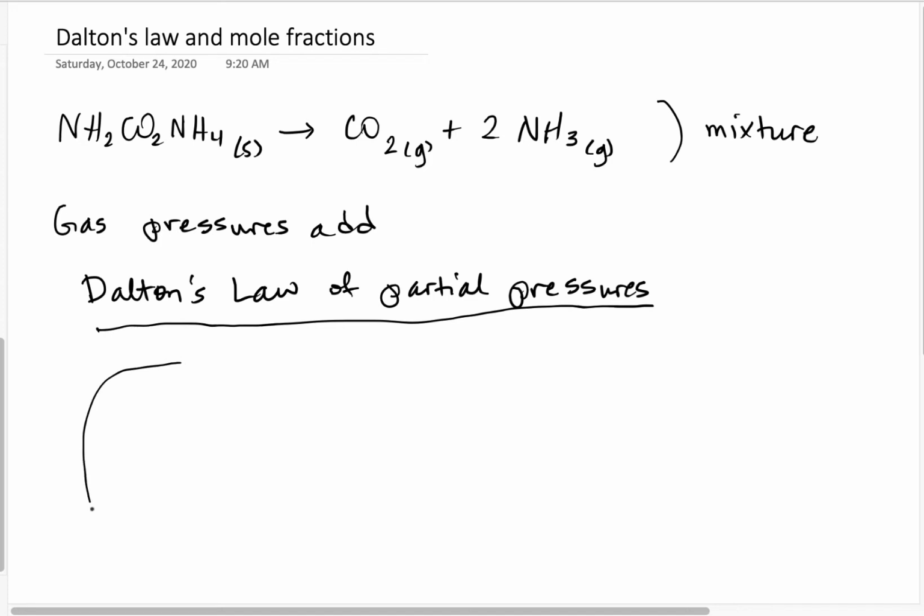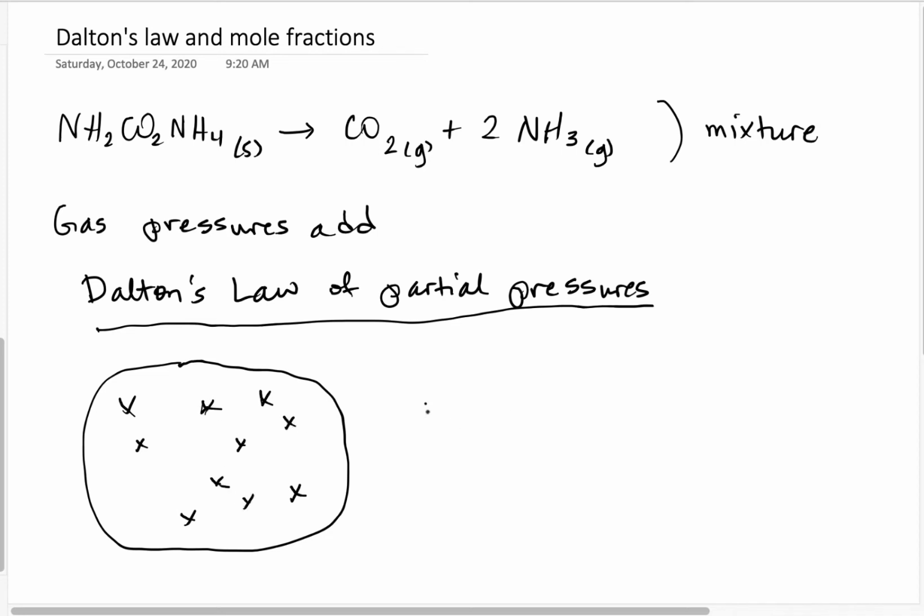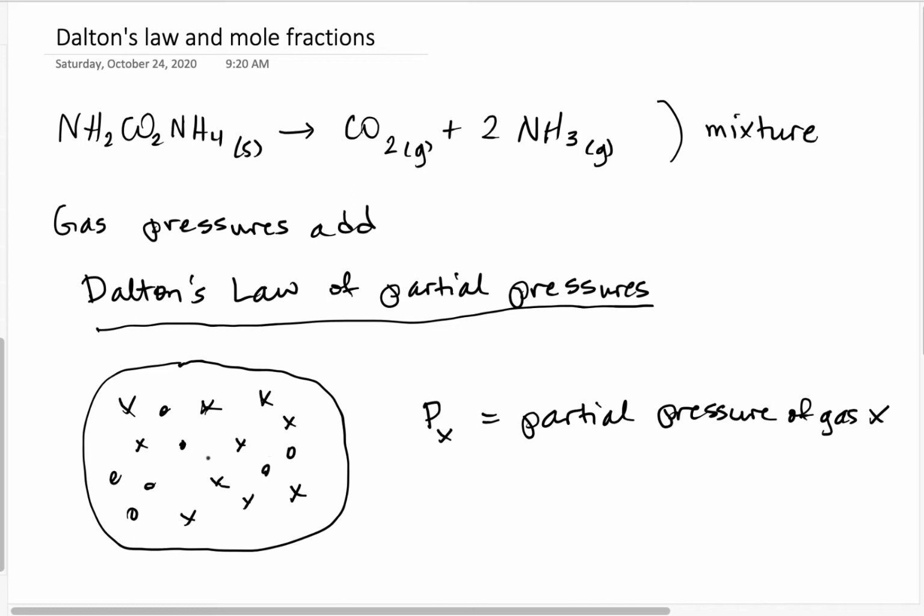So let's think about a container. Let's say we have two gases in there, and I'm going to represent one of them with these little X's. And so the pressure of gas X is P sub X. This is the partial pressure of gas X. And then I'm going to represent my other gas by little dots, or O's.